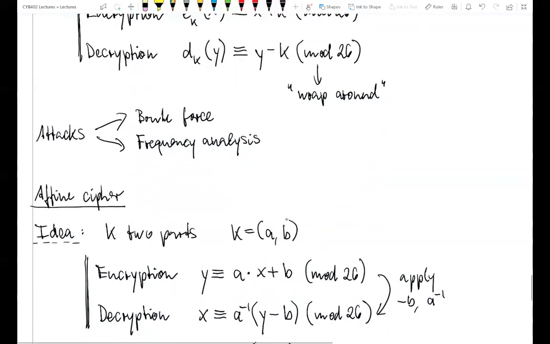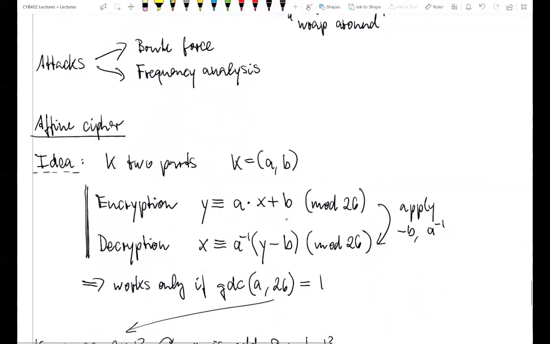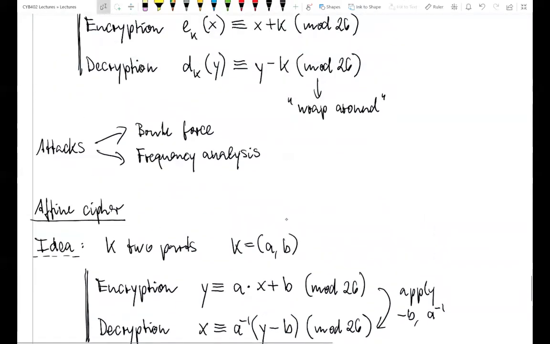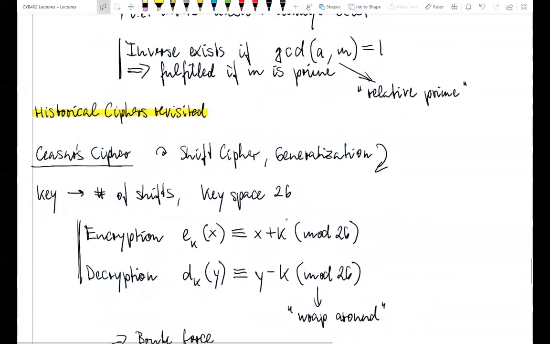So let's talk about a different cipher. Looking at the Caesar cipher, we may be under the impression that we can complicate it somewhat more by complicating this term and this term.